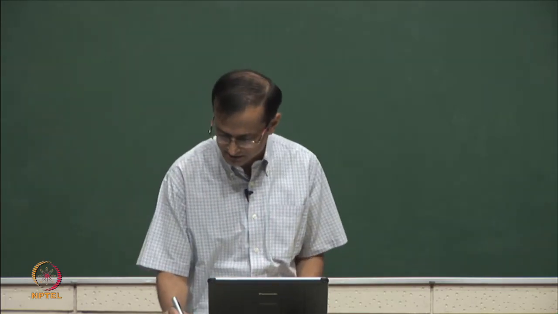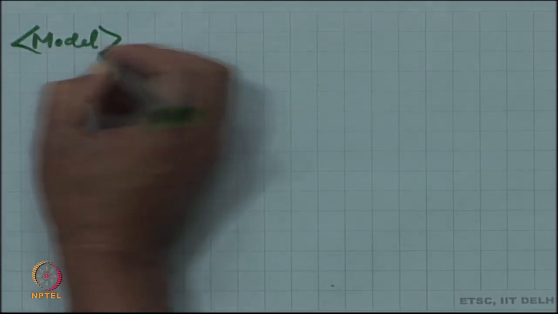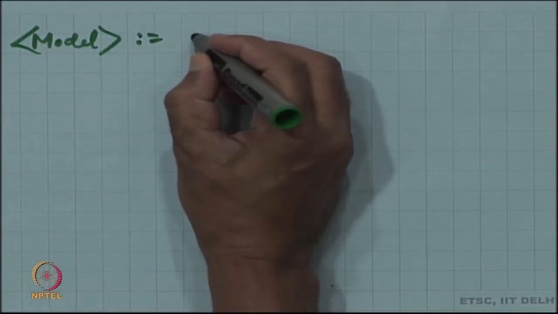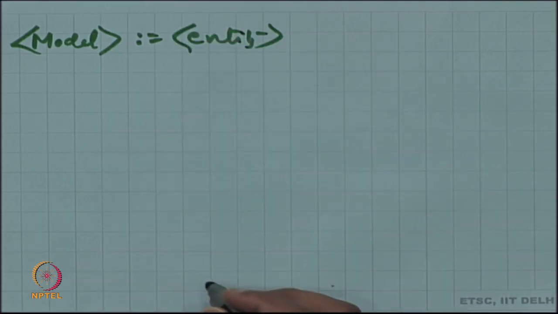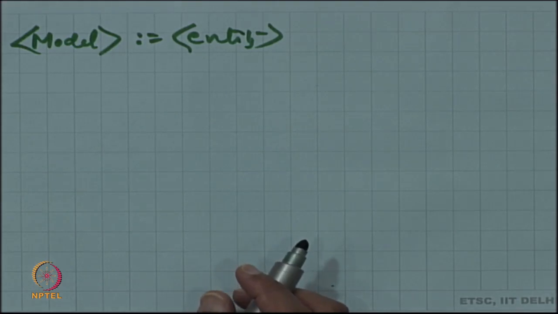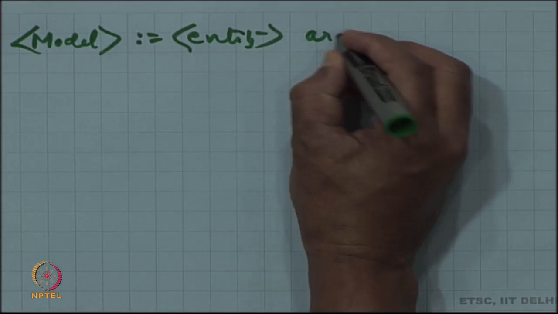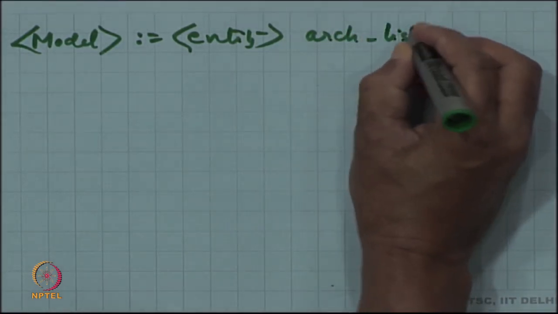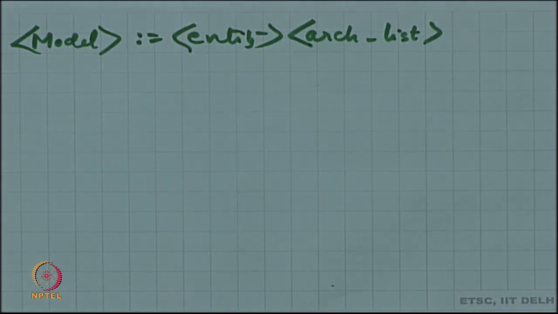So, I say that a complete model may consist of an entity followed by architecture, but actually I may have any number of architectures. Remember that you may have multiple architectures. So, you can maybe have a list of architectures. That is my single line grammar rule for the highest level structure of the language.